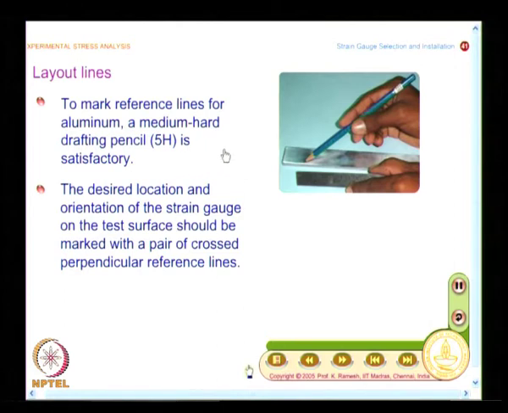We will also see that. So, the idea of putting the layout lines is to mark the desired location and orientation of the strain gauge to be pasted. So, if you look at it, a strain gauge comes with a carrier which has marks. So, these marks have to be aligned at the point of interest. For you to align the strain gauge, you need to have layout lines.